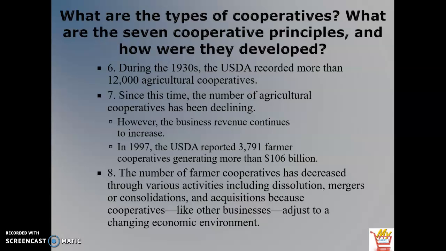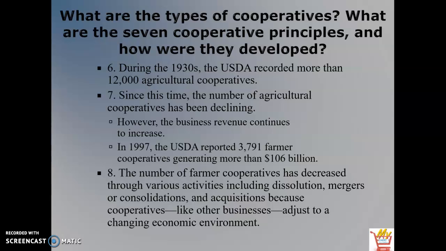Obviously, we've also seen the total numbers of farmers decline, so it would make sense that the number of cooperatives would decline as well. But despite the fact that we have fewer cooperatives now than we did then, the amount of business revenue and their contribution to the ag economy is bigger than ever.